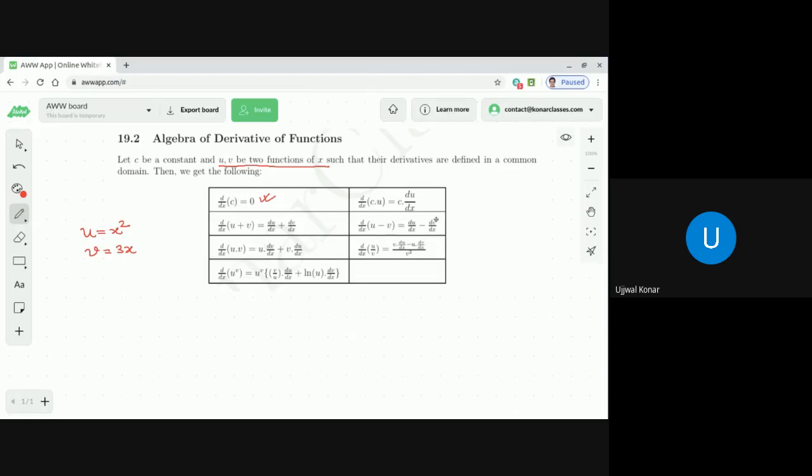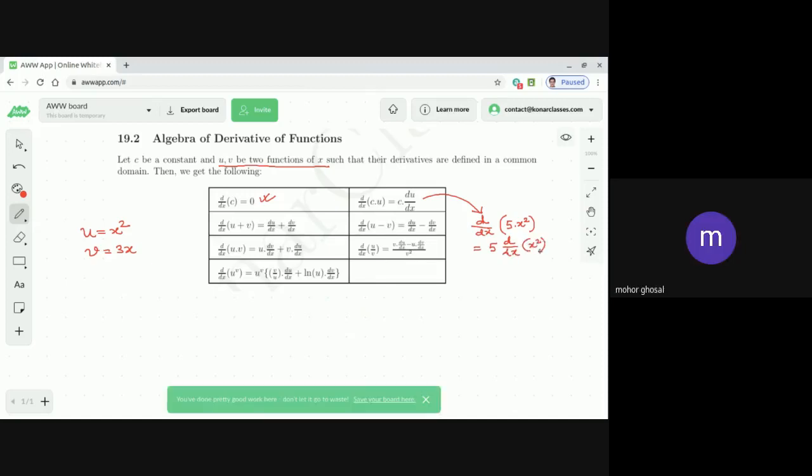Got it? So d/dx of c into u, for example, in this case, what is u here? x square, in context to our discussion. Suppose I gave 5 into x square. You can clearly take 5 out and write d/dx of x square.